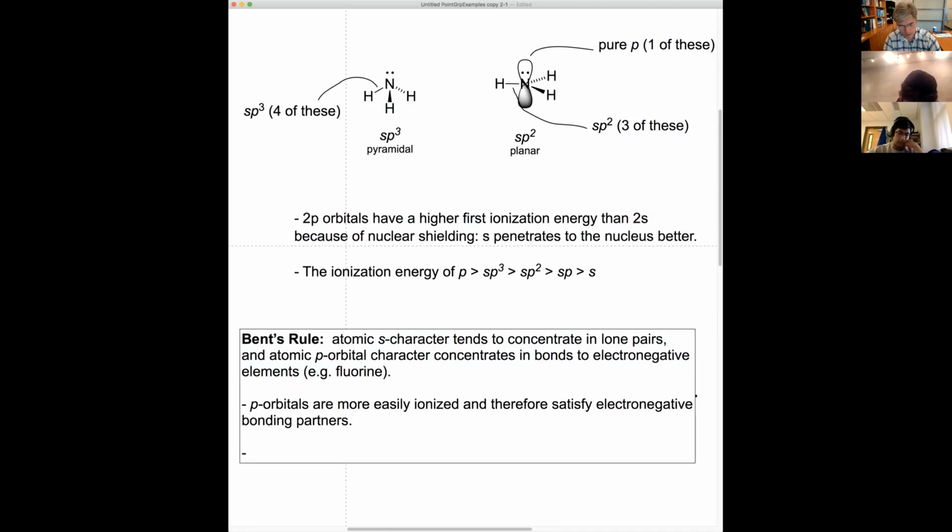Okay. Another corollary of the same thing is that s orbitals concentrate in bonds to electropositive elements.